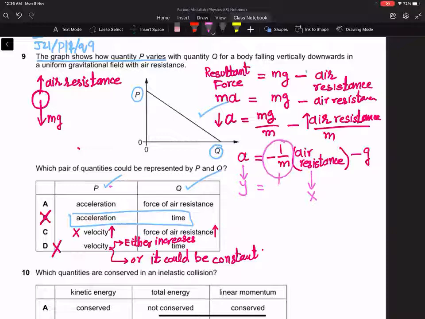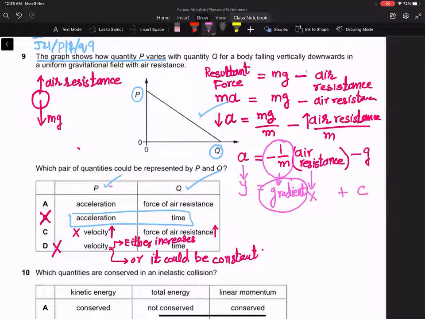This would be the gradient. In the next exam, they may change some factors, like they may say, if the object is heavier, then what would be the effect on the shape of the graph or something like that. So you need to understand the concept. So it will be y is equal to mx plus c.